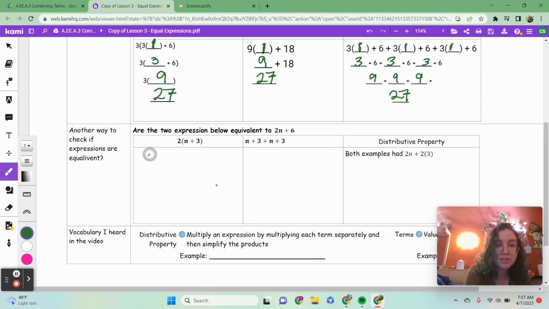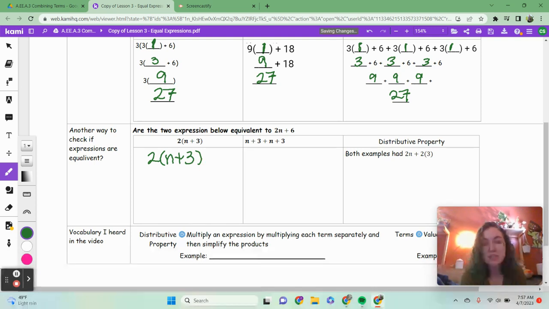If I have 2 times the quantity n plus 3, what that means is I have n plus 3 2 times, right? So I have n plus 3 plus n plus 3. It's already looking suspiciously similar to our next expression, but we can simplify this further.